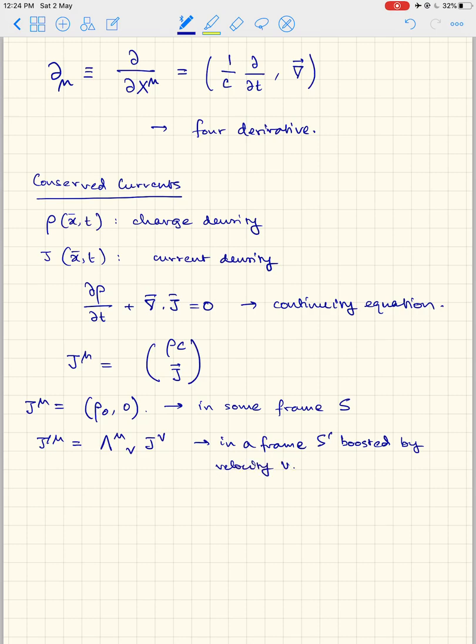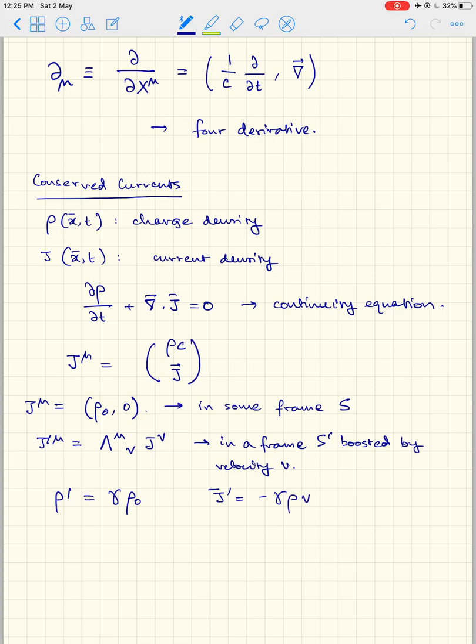Now what is going to happen? This is something that we've seen before. There is going to be a change in the charge density, and there is going to be a change in the current as well. This is going to be given by rho prime is equal to gamma rho naught, and j prime will be given by minus gamma rho v.